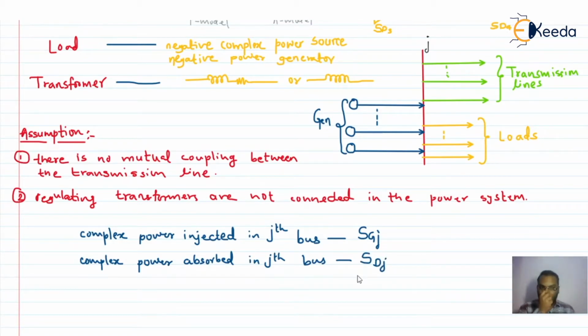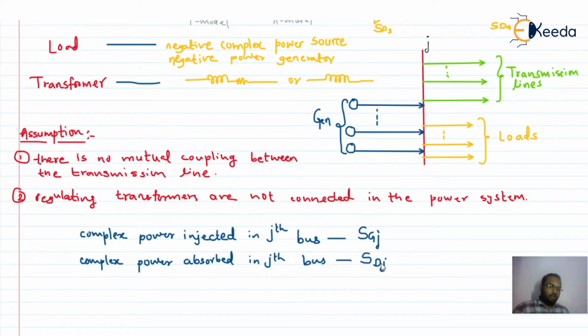It is because of the load connected here. Okay, now see, this is the power being injected in that particular jth bus, SGJ. The power which is absorbed in the jth bus is SDJ.